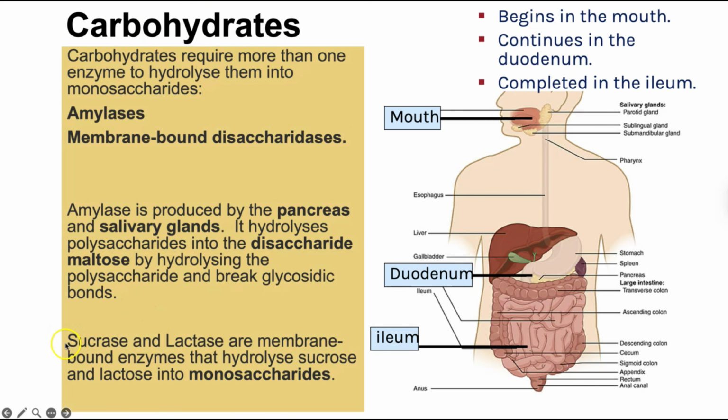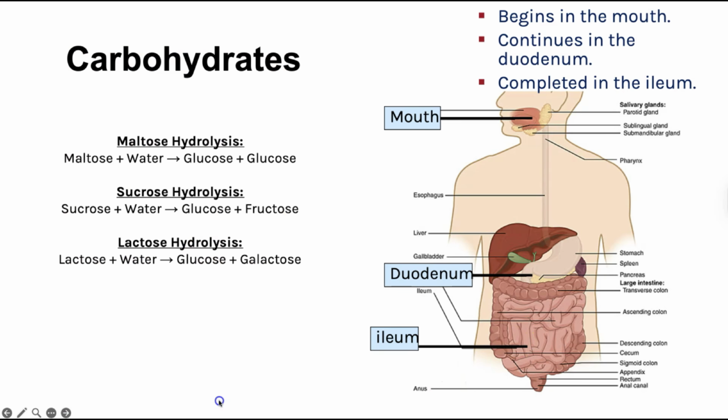So that could be the enzyme sucrase, digesting sucrose, or lactase, digesting lactose, or maltase, digesting maltose, all of which will hydrolyze the disaccharides into the monosaccharides, which are then small enough to be absorbed from the ileum into the bloodstream.